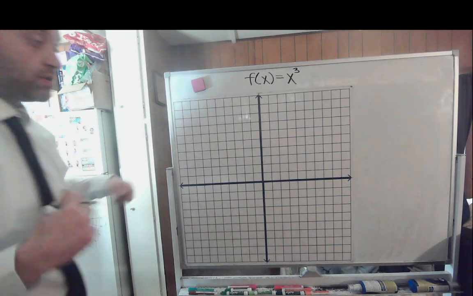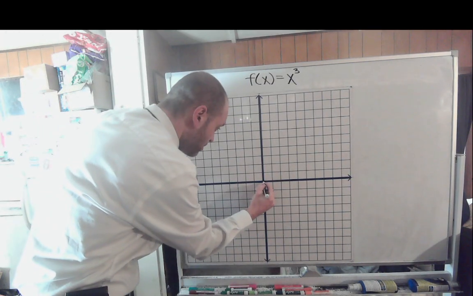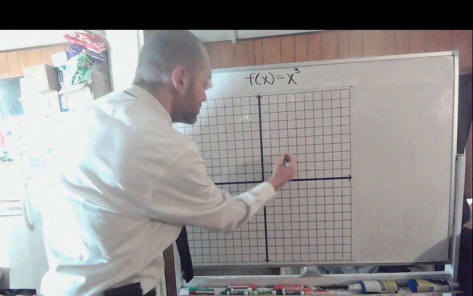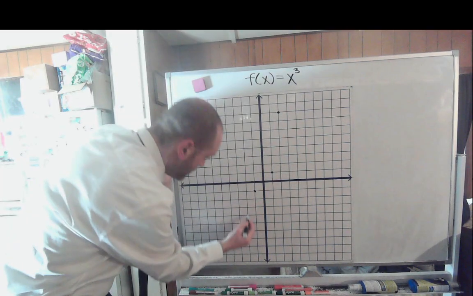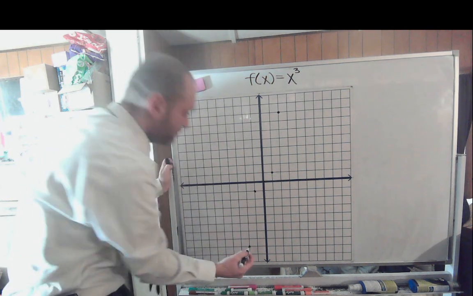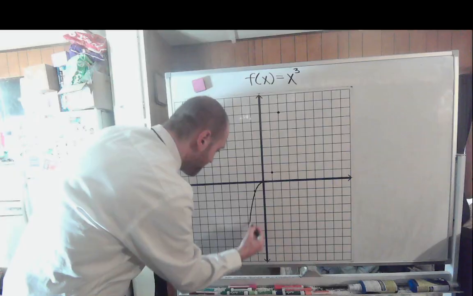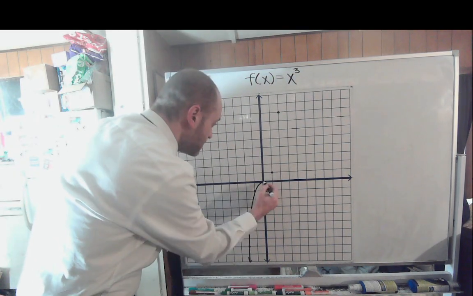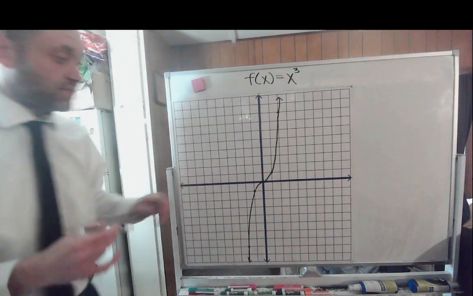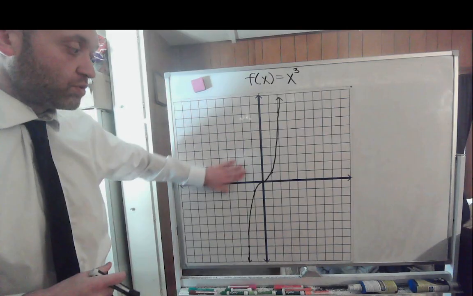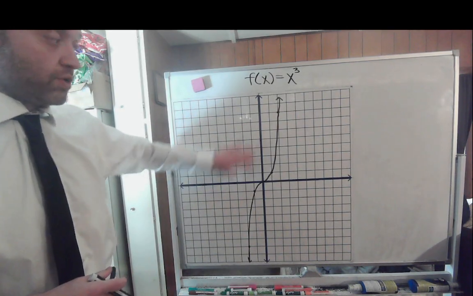Well, what does that look like? 0, 0, 1, 1, 2, we're all the way up to 8. Negative 1, negative 1, negative 2, we're all the way down to negative 8. So there's my nice graph of f of x equals x to the third, right? Your typical curve that you see with origin symmetry.